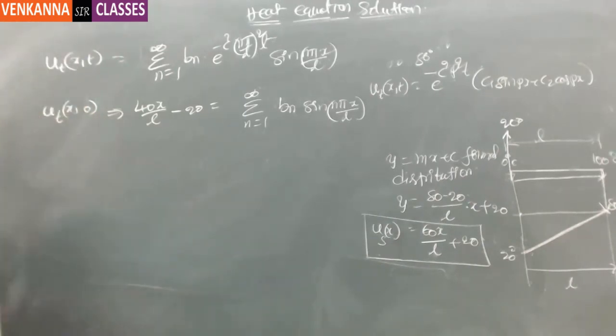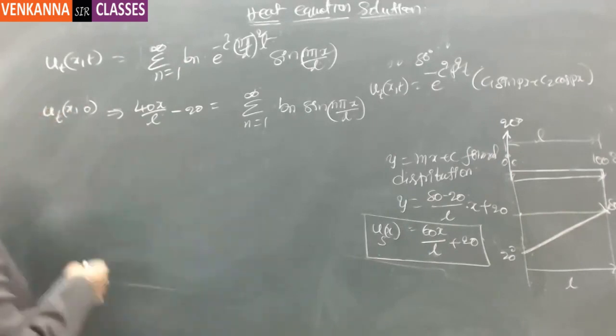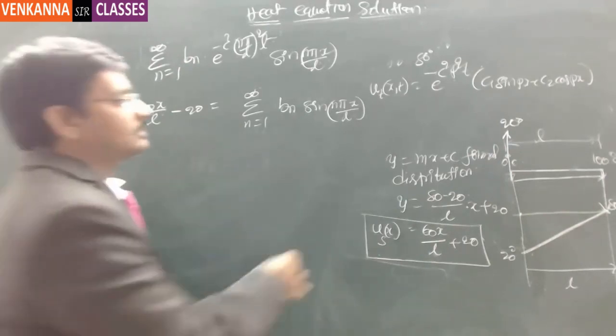Let us see this. So this is 40x by L minus 20. Now here, this is again a Fourier half range series.